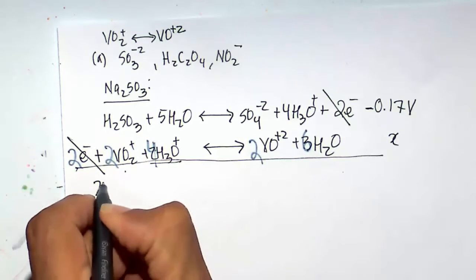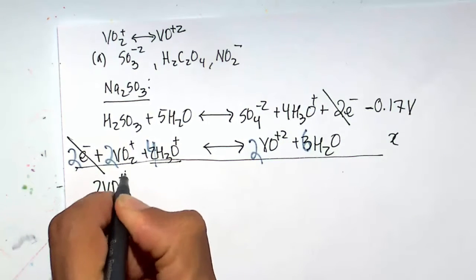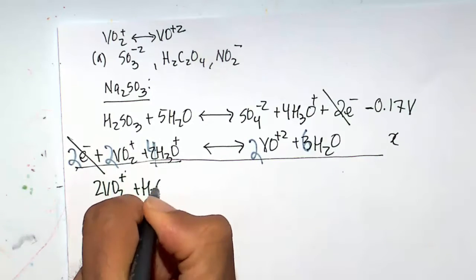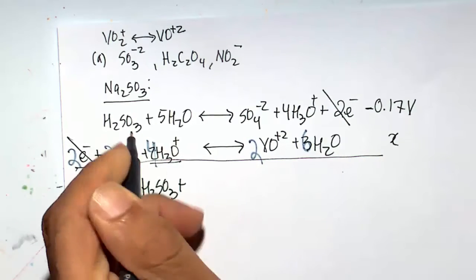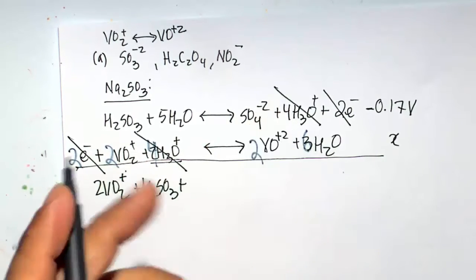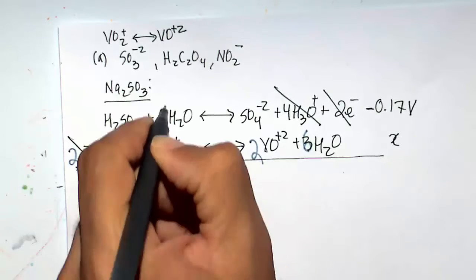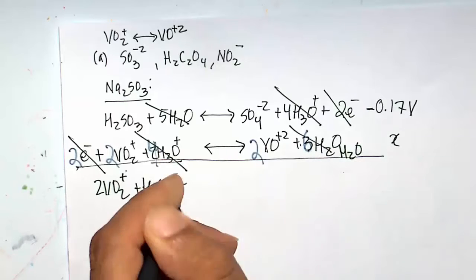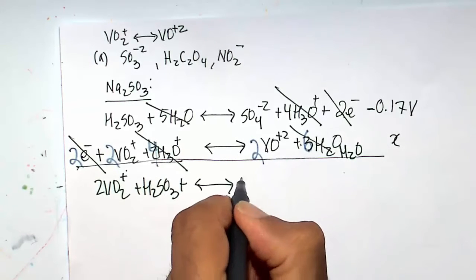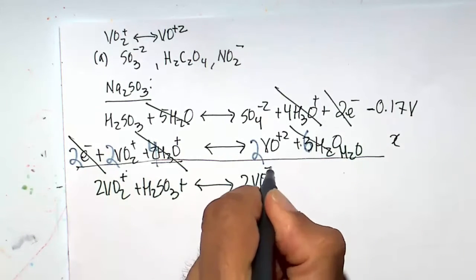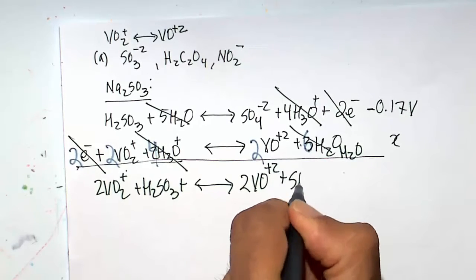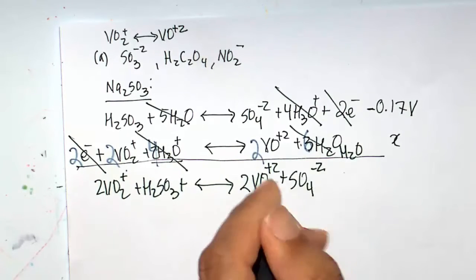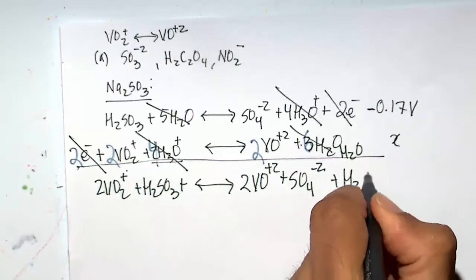And now my net oxidation reduction reaction is 2 VO2+ plus H2SO3. These 4 H3O+ cancel, so I'm happy about that. Also, these waters cancel, so I'm happy about that. And that's in an equilibrium with 2 VO2+ plus SO4^2-, and there's a water in there as well.